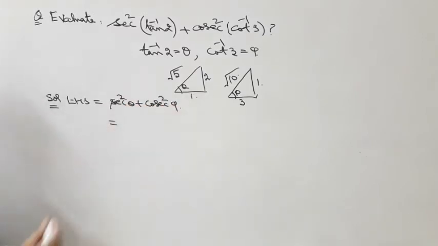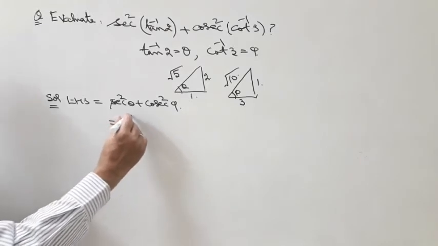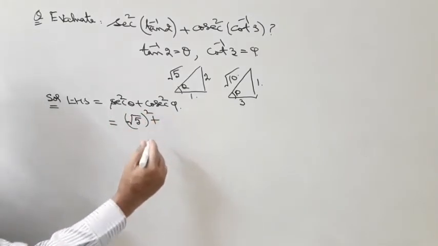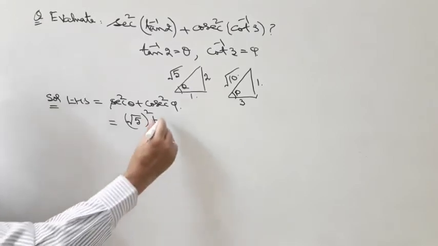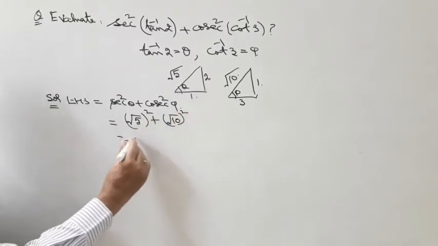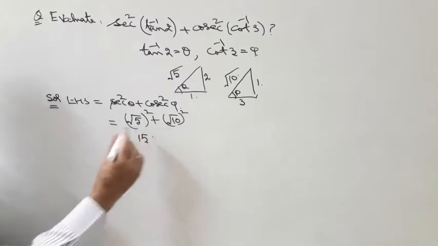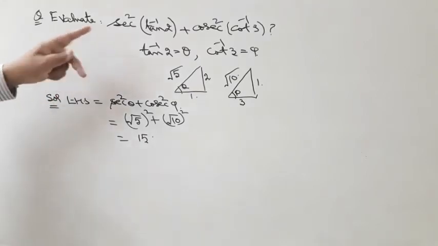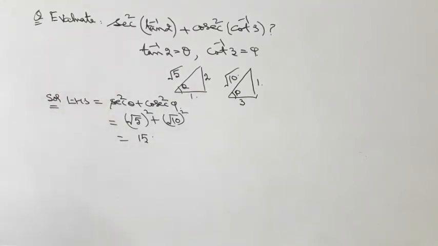Secant square of theta means under root of 5 the whole square, and cosecant square of phi is under root of 10 the whole square. So the value is equal to 15. A very important question: the value of secant square of tan inverse 2 plus cosecant square of cot inverse 3 is equal to 15.